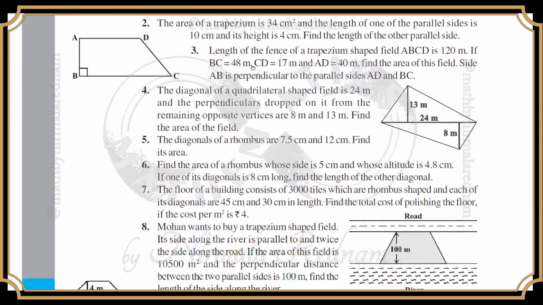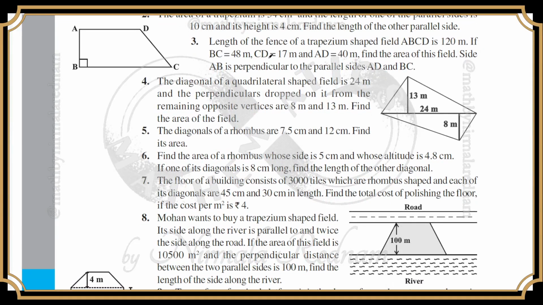Third question, length of the fence of a trapezium shaped field ABCD is given as 120 and 3 sides are given. Because I have 3 sides, definitely we can find the fourth side. Now I want the area, and you can look at the figure. AB is perpendicular to the parallel sides, and find the area.